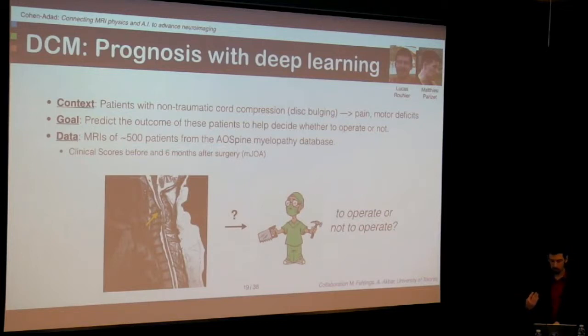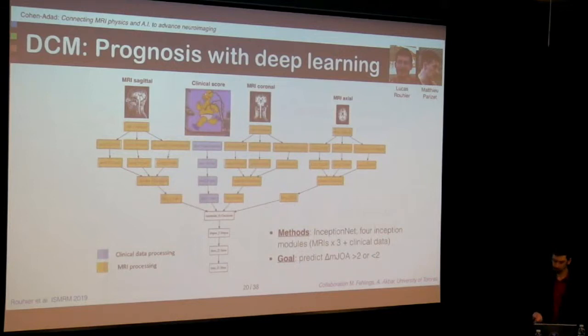So the idea was to train neural networks. We use an Inception net with 4 inception modules that basically takes the MRIs of the 3 different orientations, as well as the clinical data. And the goal of the output of these neural networks was to predict the clinical score of those patients. Are they progressing or not? That was basically a binary output.